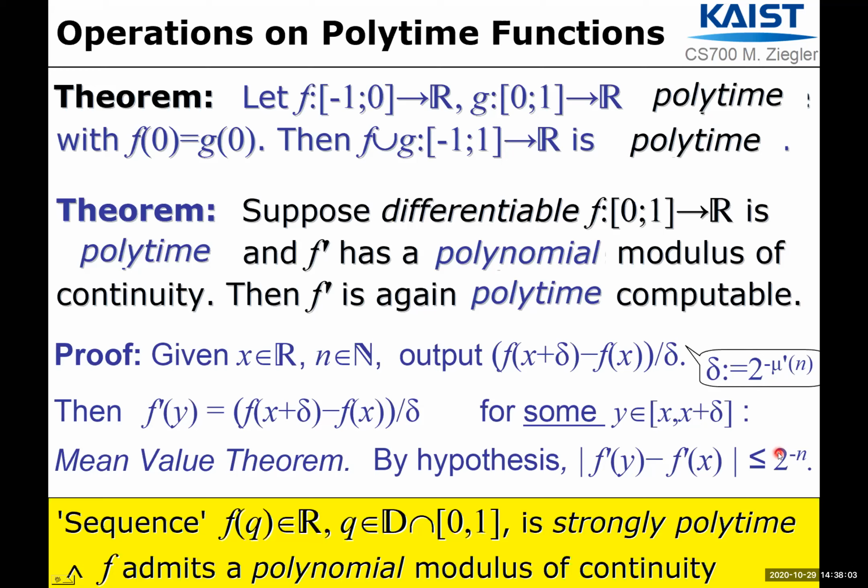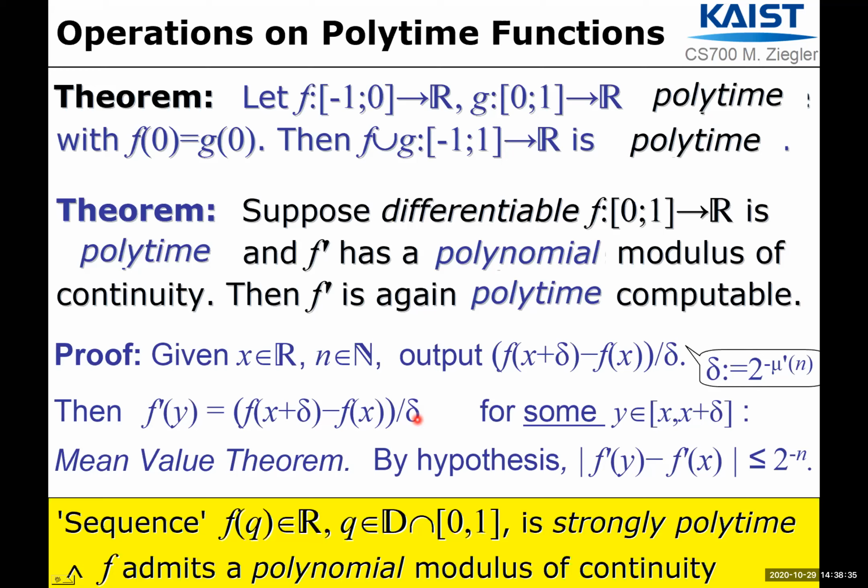Now let's have a look again at the complexity analysis of this, not just the computability. And the crucial part is approximating, calculating this quotient, because as you can see, the denominator is pretty small, 2 to the minus mu prime of n. And so the binary length of this denominator is basically mu prime of n bits in length.